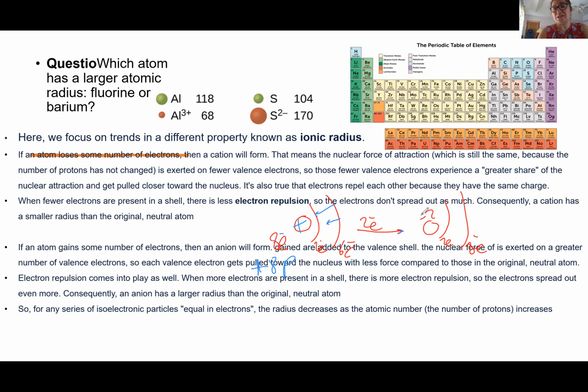When oxygen changes to oxide, now we have 8 protons, 8 plus charge, but you have 10 electrons. So the attraction is going to be weaker, because the positive charge in the nucleus has less power. As a result, the electrons are pulled in loosely.